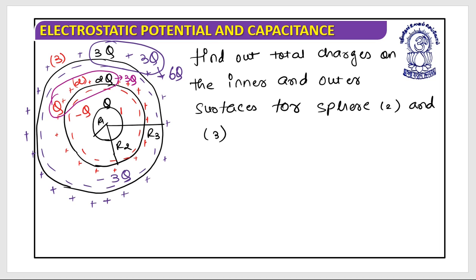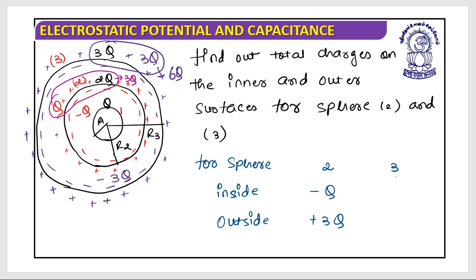So if I need to write down the answer, for sphere 2 and for sphere 3, this is inside and this is outside. For sphere 2, inside it would be minus q, and outside it is plus 3q.